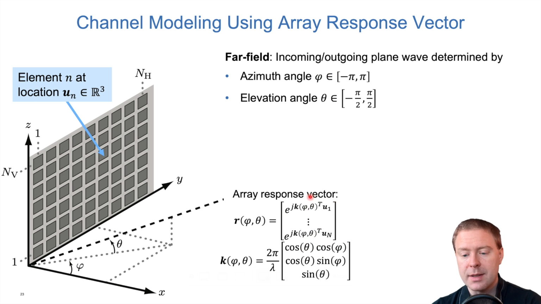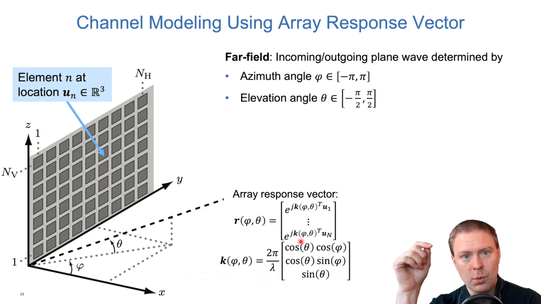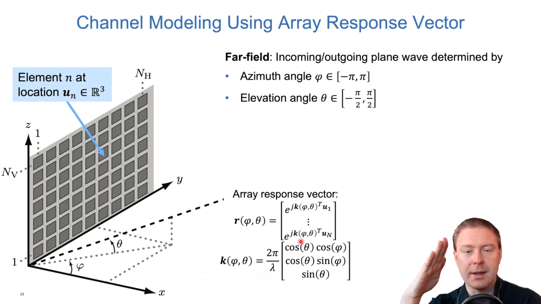So by taking this input here, we are determining the point on the unit sphere where the plane wave is first hitting the surface, and then we are computing these computations here in order to figure out how far the signal needs to go to reach a particular point here with respect to the origin.